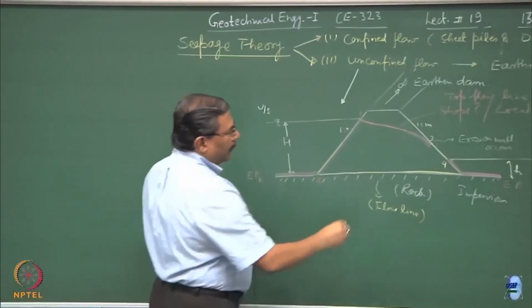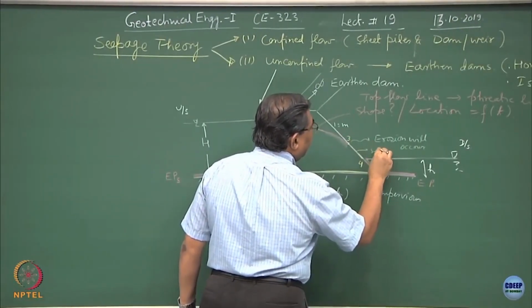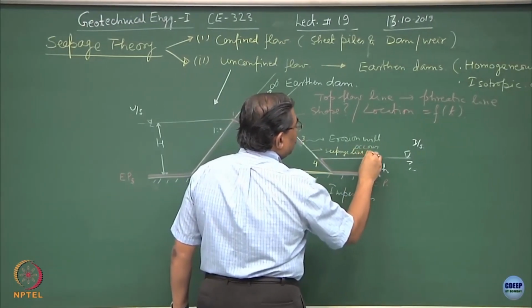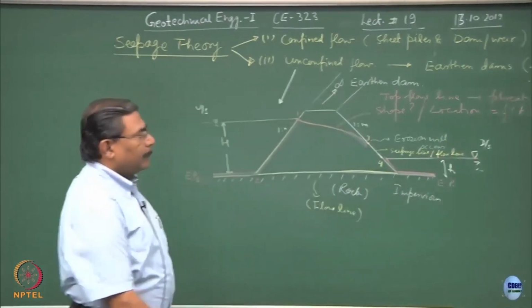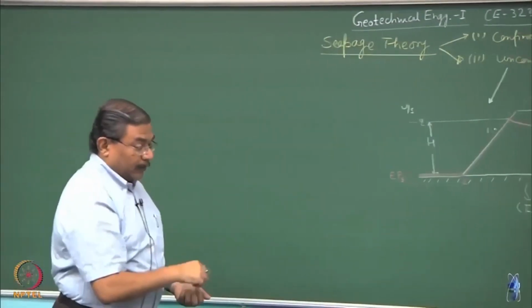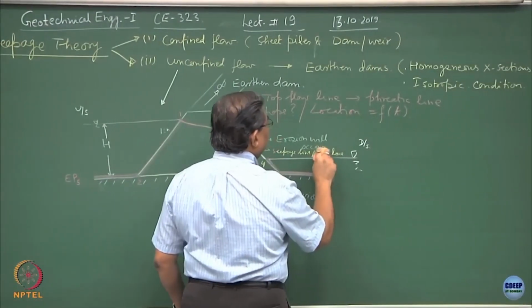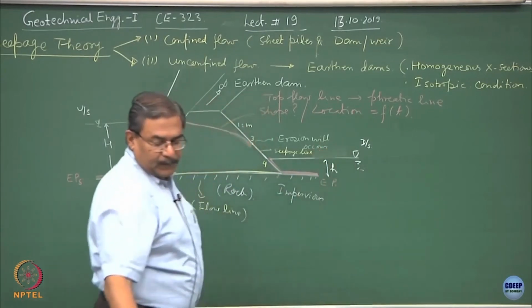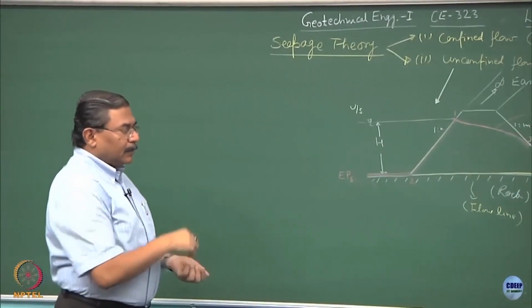Now 3 and 4 becomes a seepage line. This is also a sort of a flow line. No, sorry, not flow line, this is a discharge line. Better you call this the seepage line only, alright.